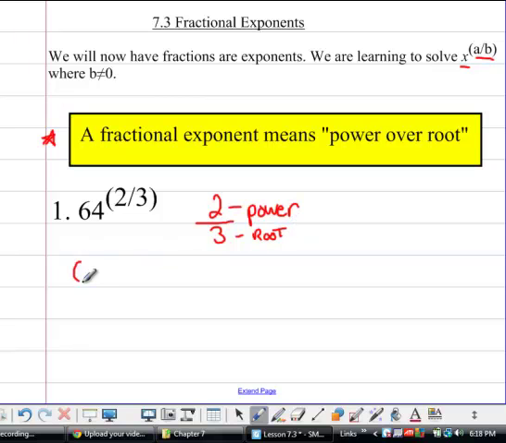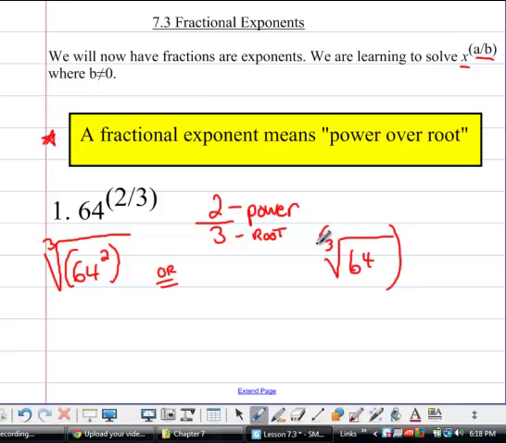So we want to raise 64 to the second power and then take the cube root of that answer. Or we can take the cube root of 64 and then raise that to the second power. It doesn't matter whether you do the power first or the root first, just as long as you do both of them.